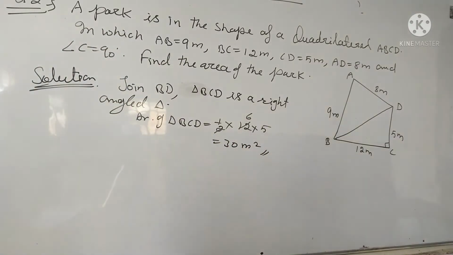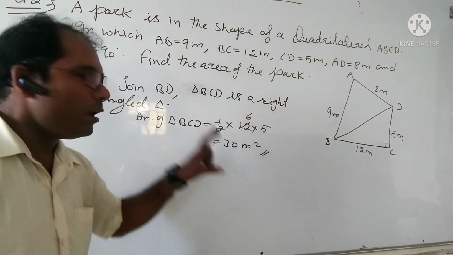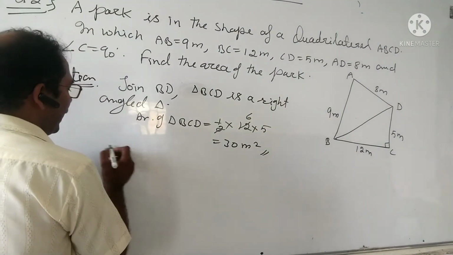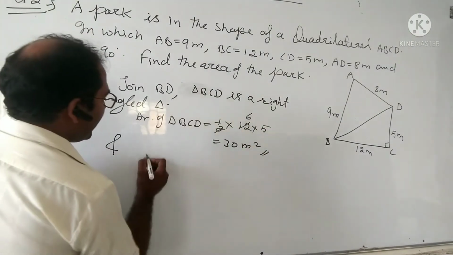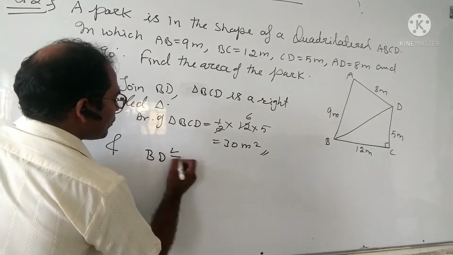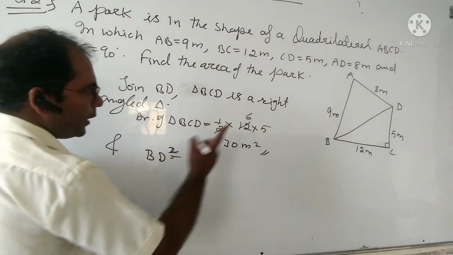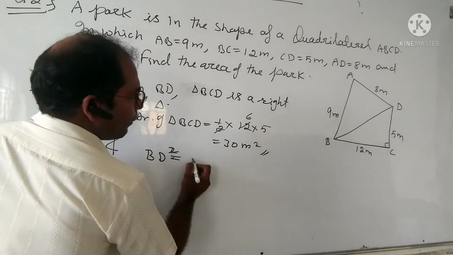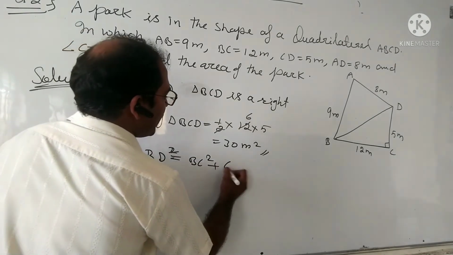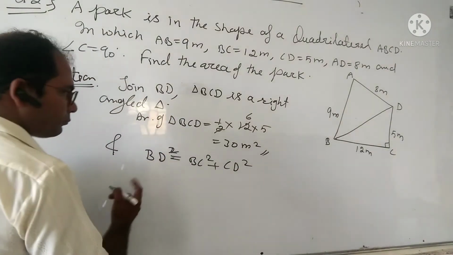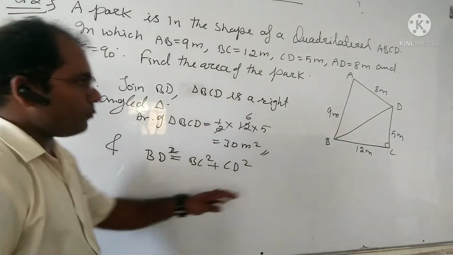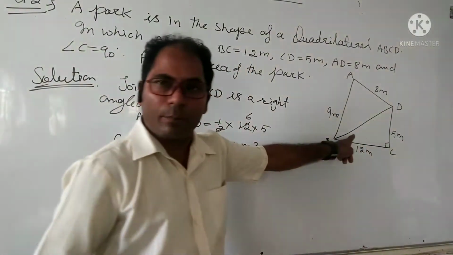This is the area of right angle triangle BCD. Okay, and BD square equals BC square plus CD square, Pythagoras theorem. In this triangle, we have to find BD.